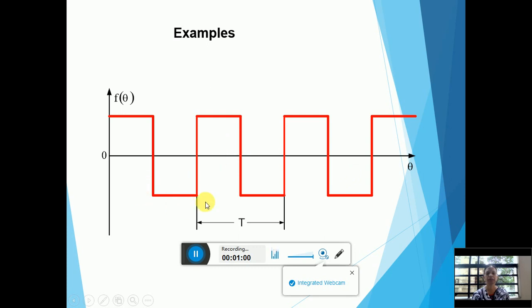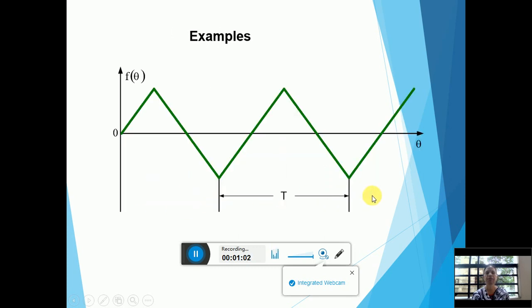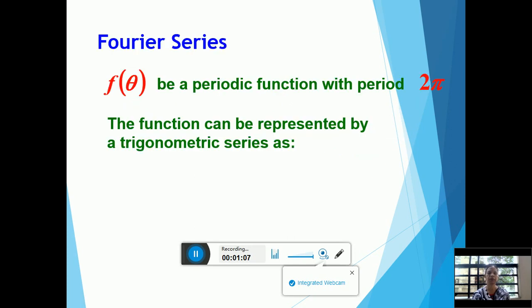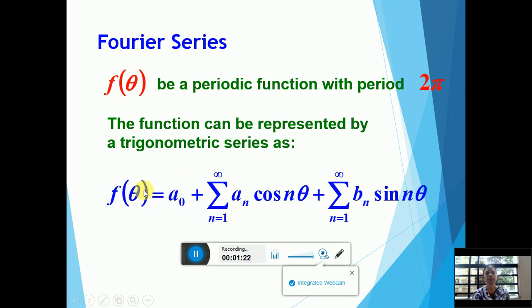Next, square wave, the time period, this is getting repeated. This is an example of a sawtooth wave, which is also a periodic wave. Fourier series. What is this Fourier series? Any given function can be expressed by using Fourier series as a summation of cosine and sine terms. So it can be represented by a trigonometric series.